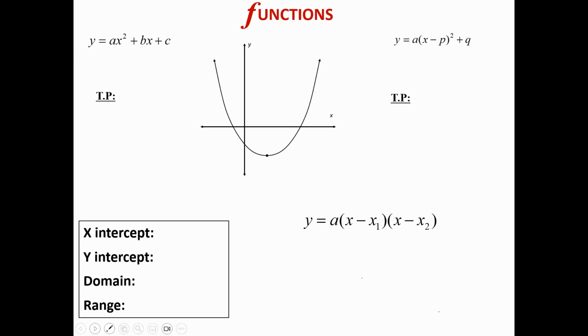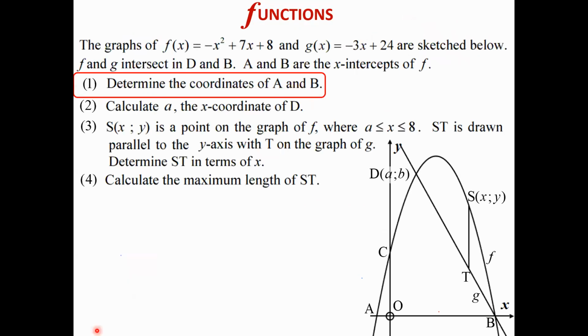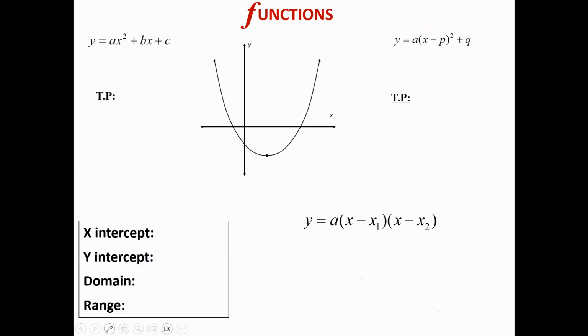So if we analyze this a little further, I want to start with the first one. If you want to find a turning point of this graph, how would you find a turning point?